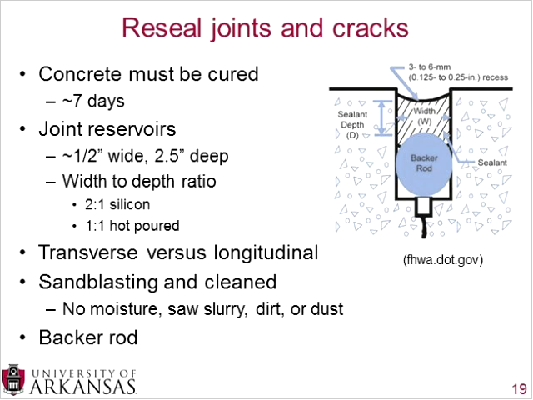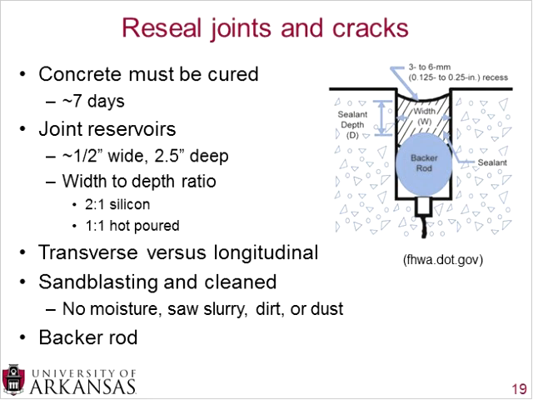So you want to make sure that you identify exactly what type of joint you have, what kind of distresses are either in place or future distresses, and then you can make a more informed decision about your sealing type and sealing mechanisms.